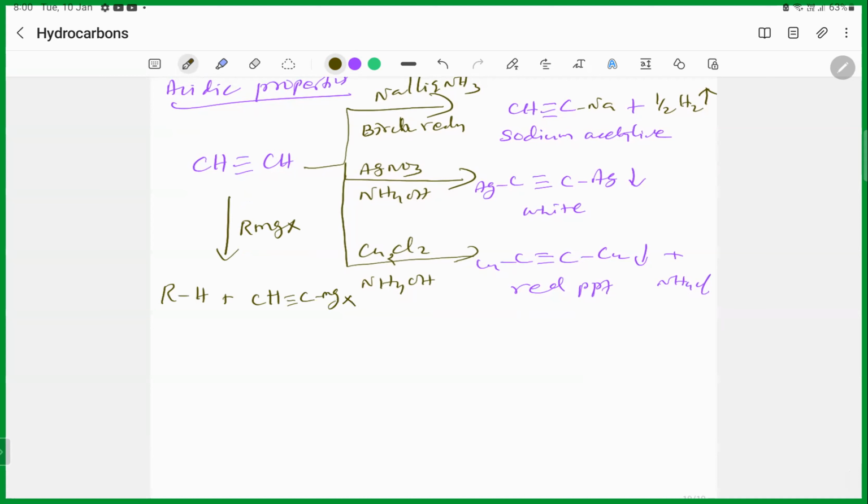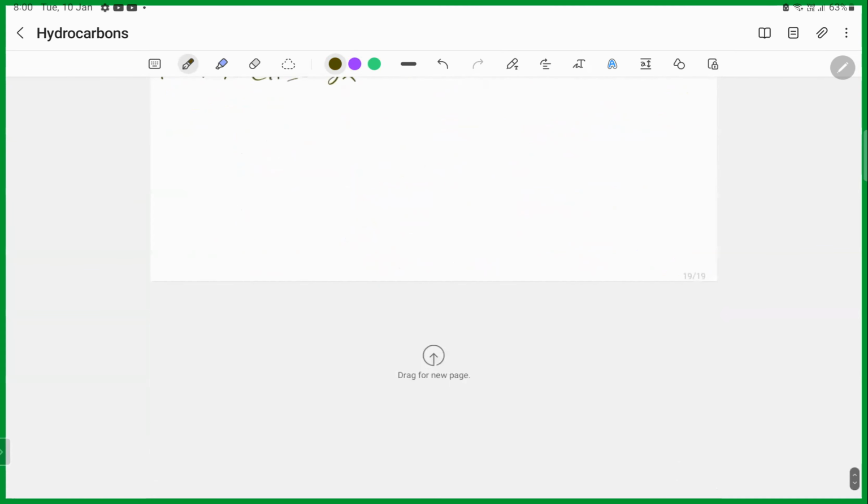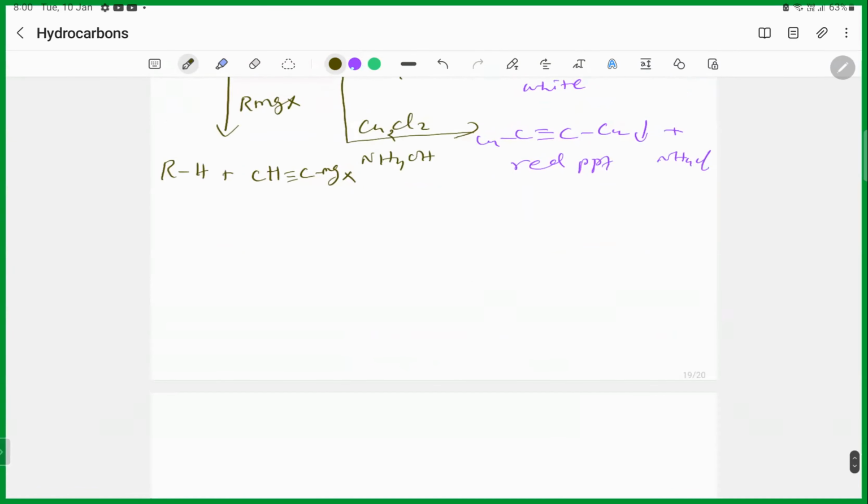So these are the acidic characters. And then, CH triple bond CH, when you are treating with hydrogen and palladium, it will give CH2 double bond CH2.